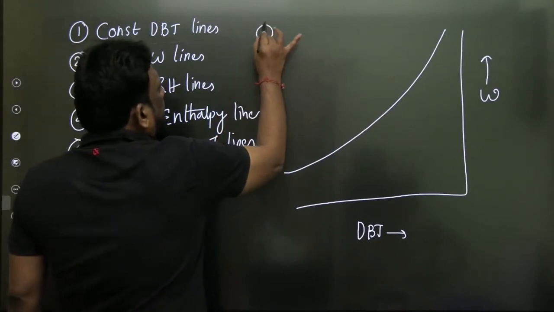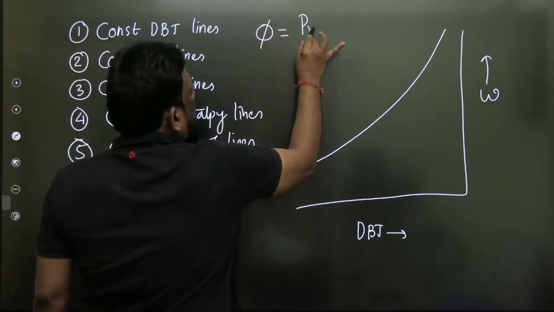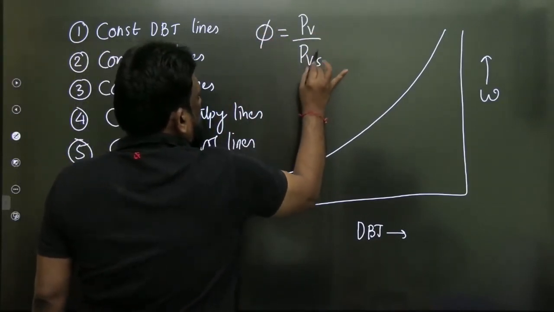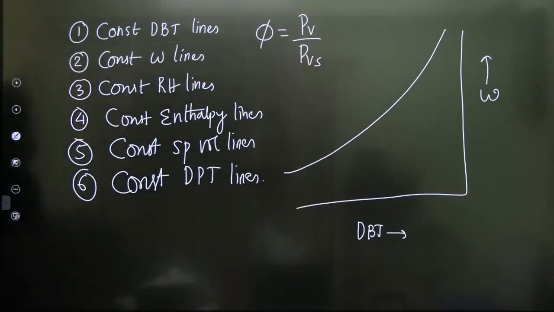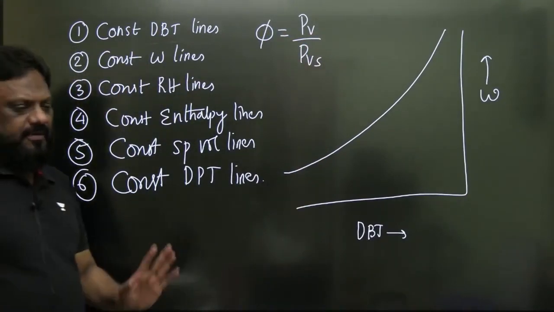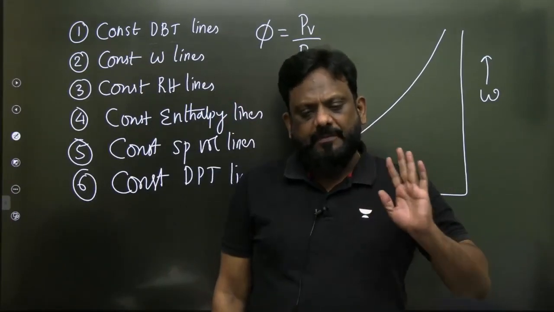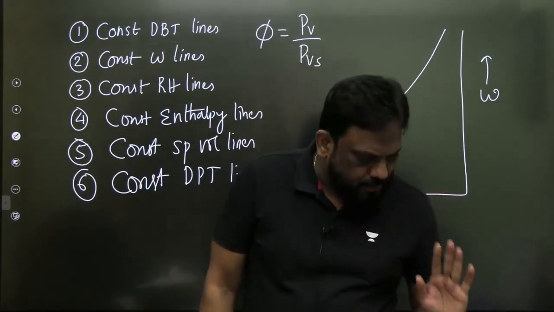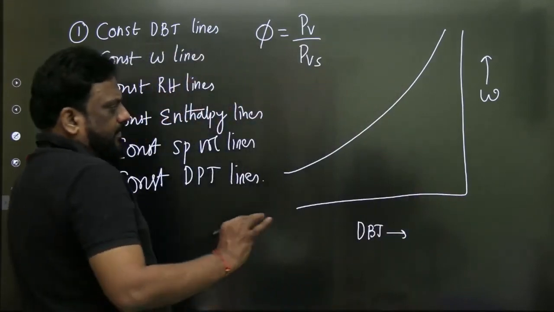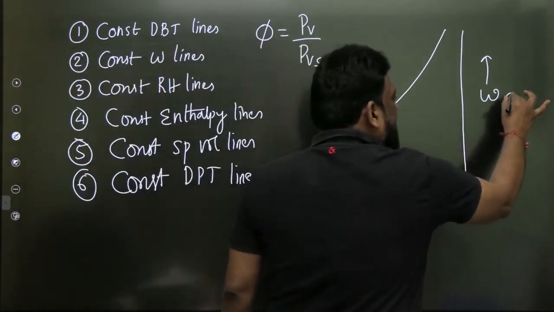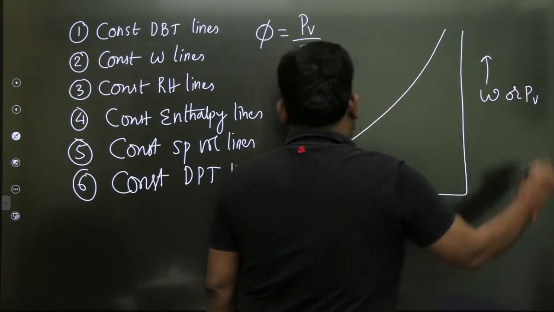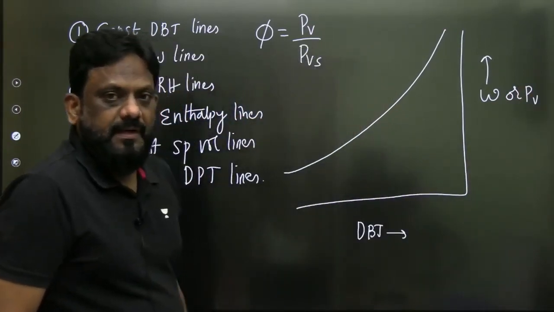We know that phi is equal to PV by PVS. Relative humidity is equal to PV by PVS. At least you know this, na? We do one thing. Here I can take either omega or PV.